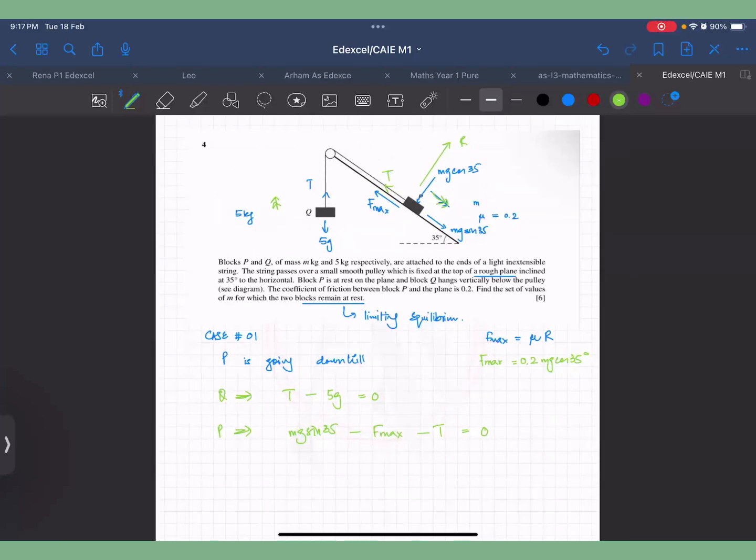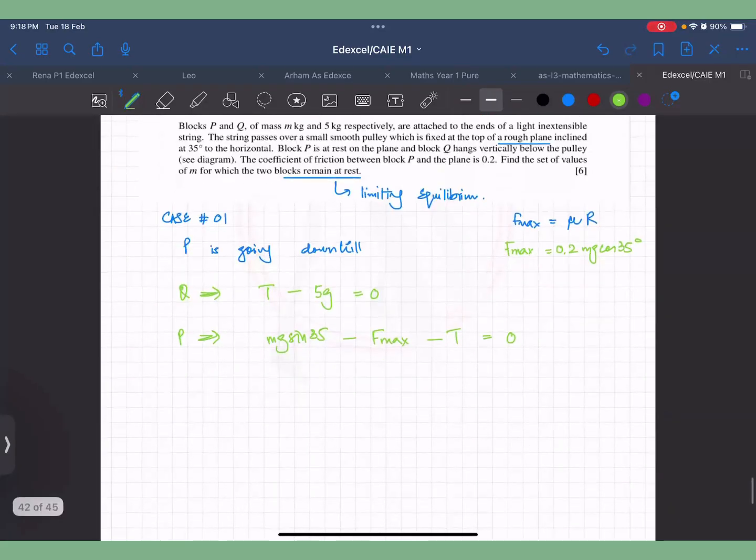Okay. This is it. Set of values of m for which the two blocks remain at rest. So this F max can now be replaced with 0.2 mg cos 35, minus tension equals 0, and mg sine 35.